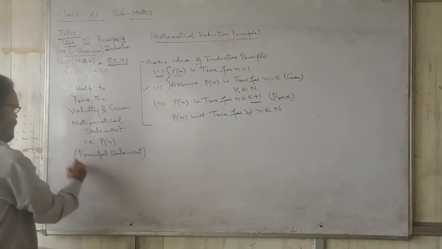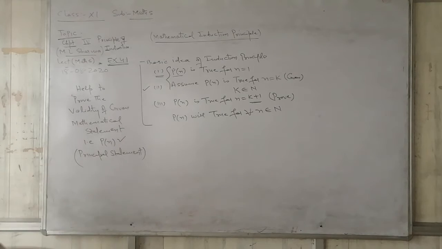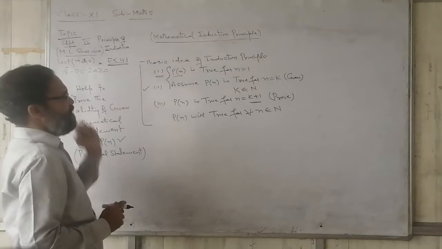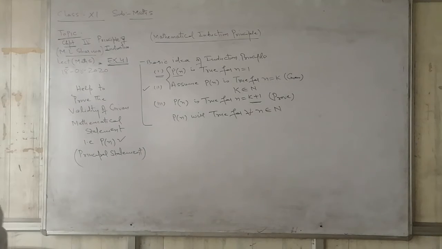And the symbol for this statement is generally written as Pn, P of n. So let us, after getting the idea, take the next questions, how these questions are solved.